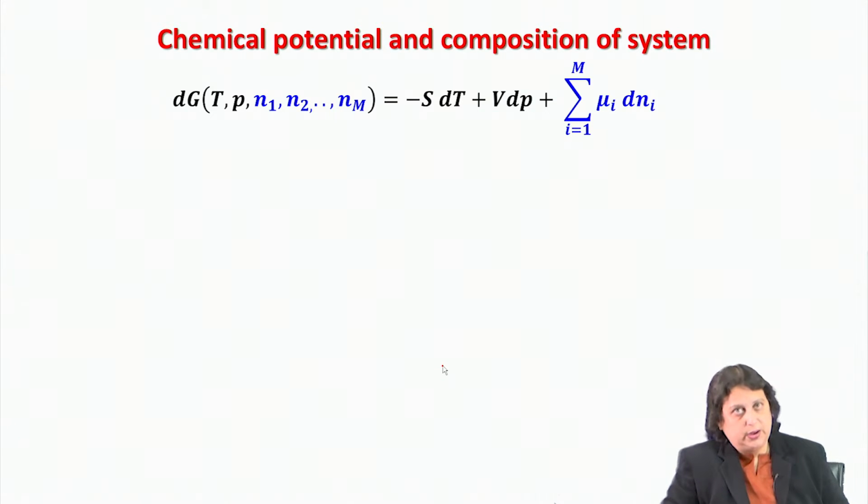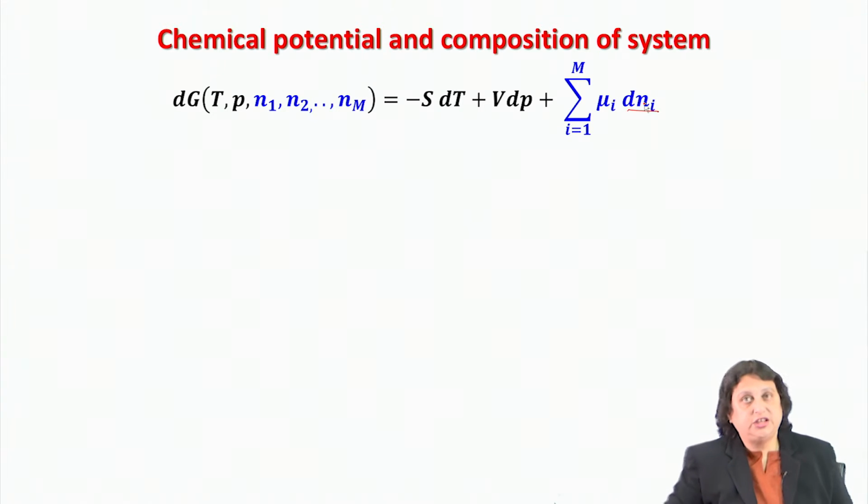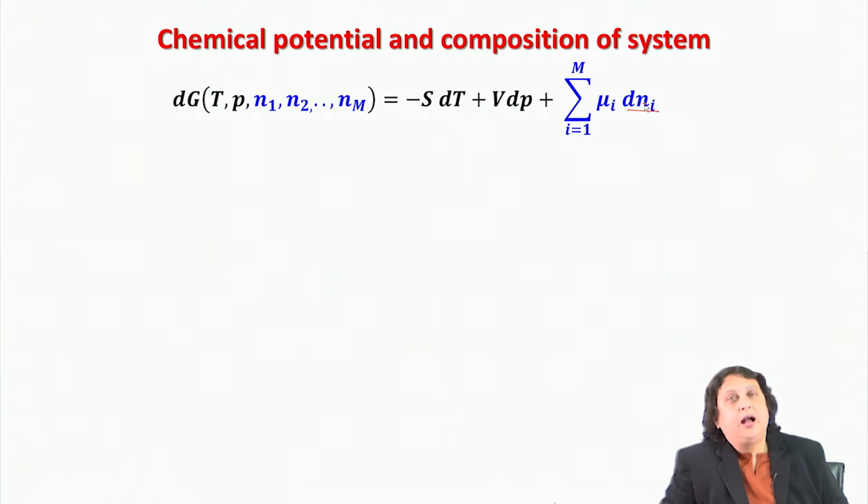The answer is no, and that is the reason why we would like to connect the chemical potential to the more commonly encountered and commonly measured quantity of the system, that is the composition or the concentration. Usually, for a mixture of substances, we express the composition of the system in terms of number of moles. Now, when I have an open system, the number of moles are undergoing a change in value when I am inducing a change in state.